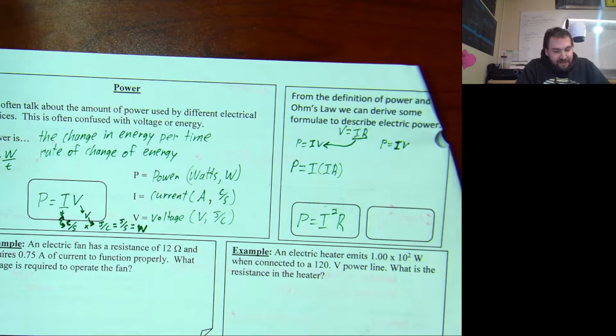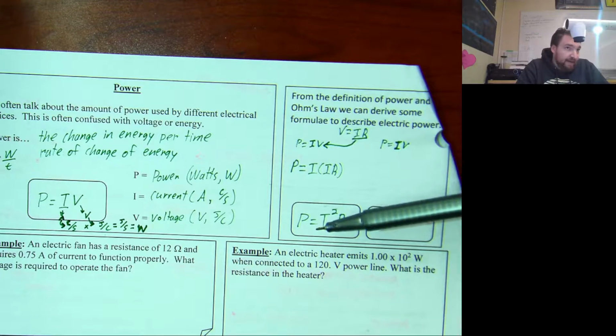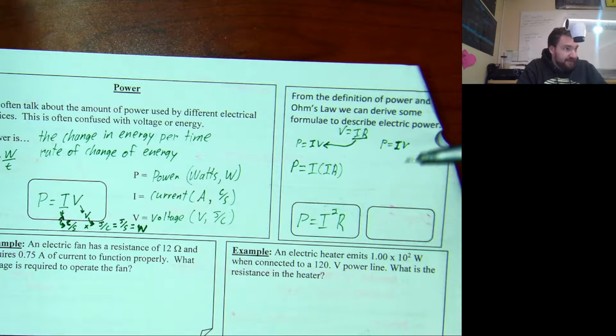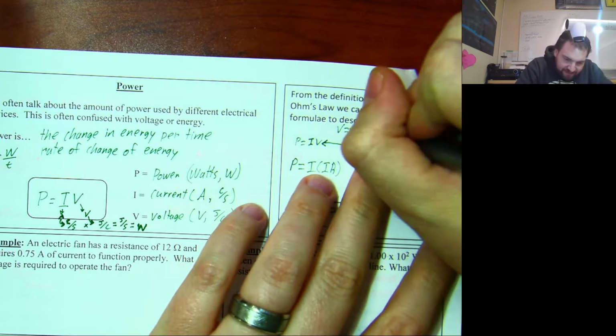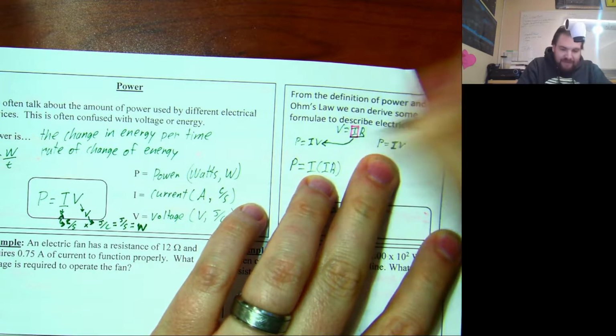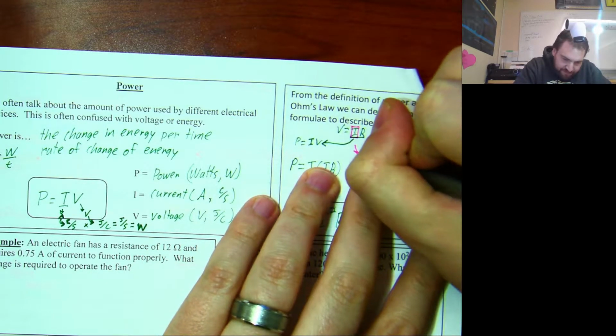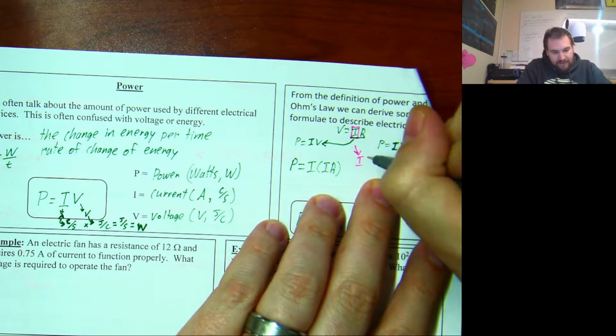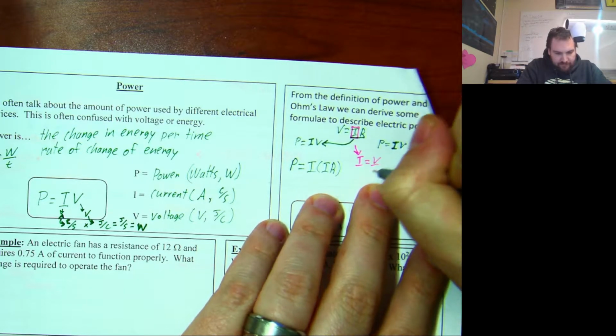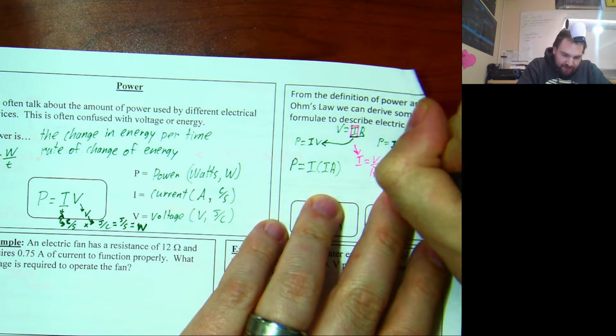So what that tells you is the power being used by an object in a circuit is equal to the current flowing through that object squared times the resistance present in that object. That'll be how much power this thing is using. Conversely, if I isolate V equals IR for I, I get I equals V over R. And now I'll shove that right in there.